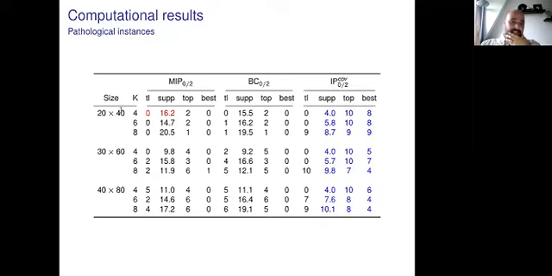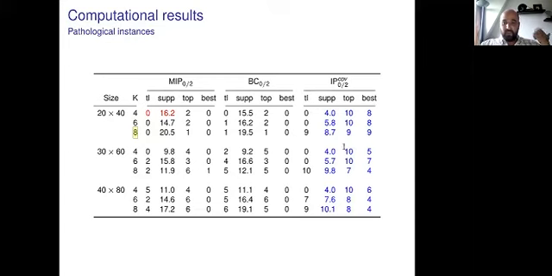So here, each line corresponds to 10 instances of this size, and the k is the same. We construct the instance such that there is one solution of this size, with the support of that size.